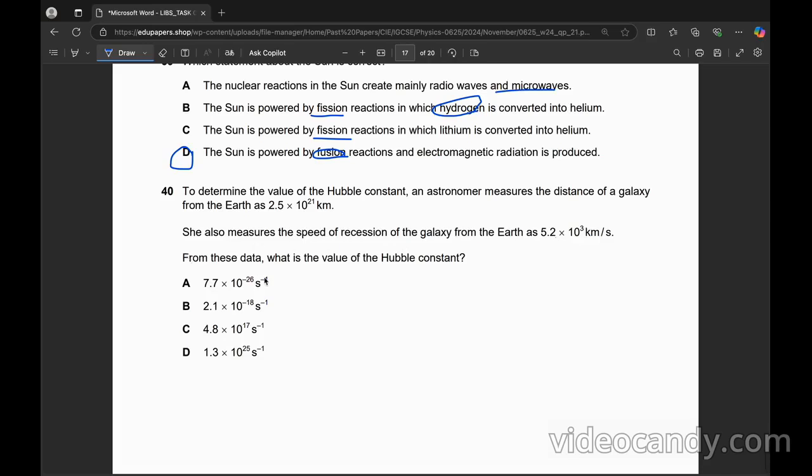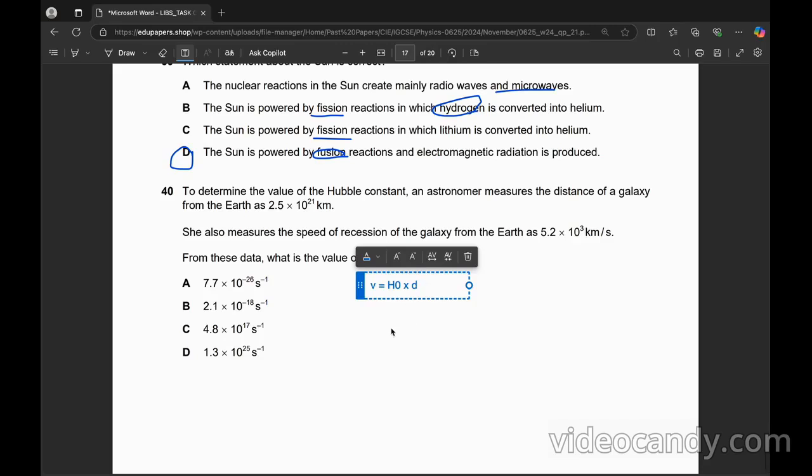From these data, what is the value of the Hubble constant? If you already remember what the Hubble constant is, you can just choose the closest one, but you can actually use the equation that you learned. The velocity of recession is equal to the Hubble constant, H naught, times distance.